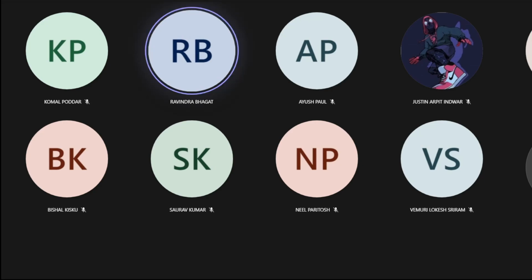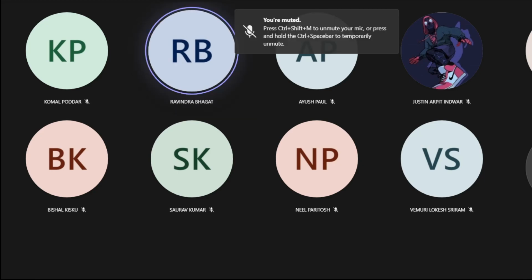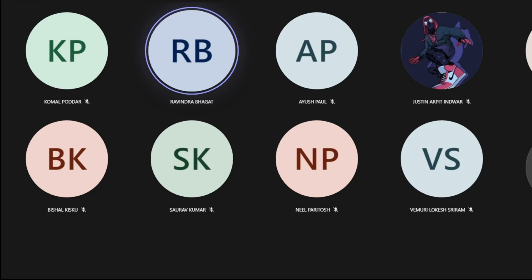So here we have the different functions of the Cabinet Secretariat. These are allocation and disposal of government business. The Government of India Rules 1961 have been framed under Article 77(3) of the Constitution of India.